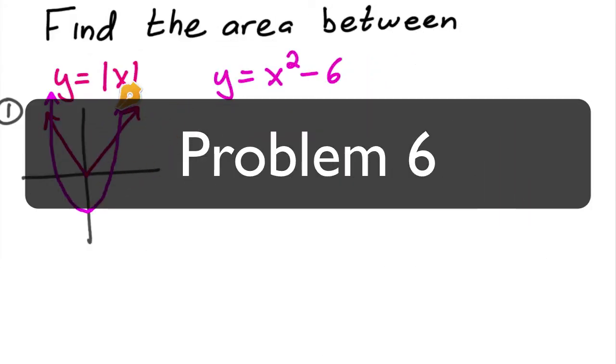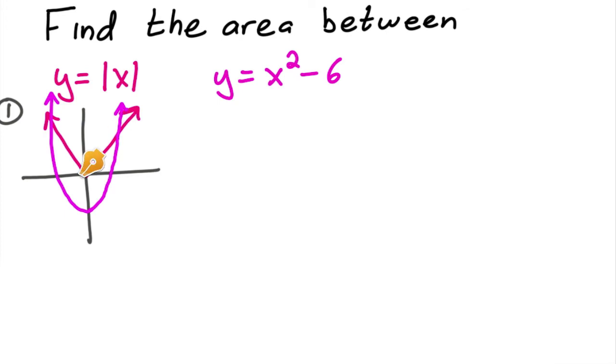Okay, so we have our two functions, absolute value of x right here and x squared minus 6. So we set up our equation, x squared minus 6 equals absolute value of x. But notice that both of these functions are symmetric.